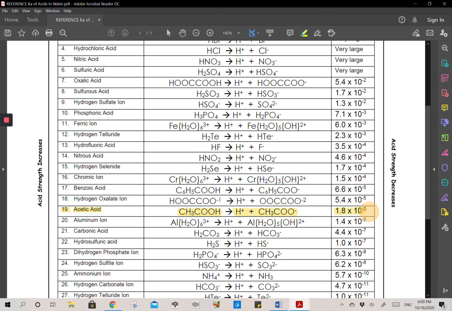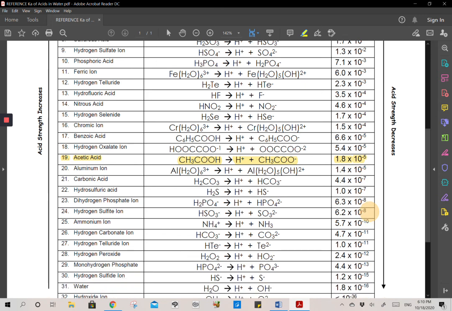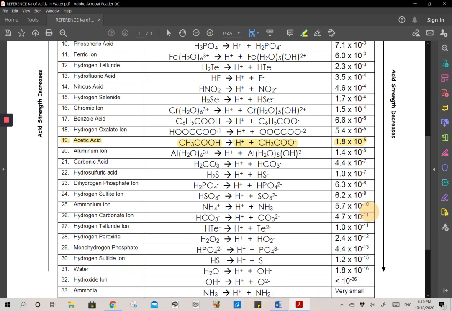Acetic acid is your first weak acid, and out of all the weak acids, it's actually the strongest weak acid. When you go down further, you'll notice that you have water here as well as reference. So we know that water is neutral. So the weakest acid that we have is number 30, which is hydrogen sulfide ions.